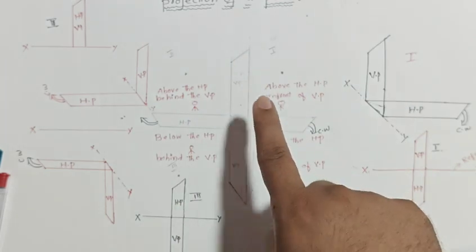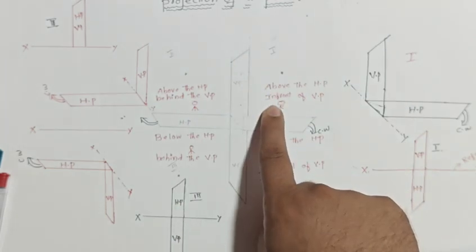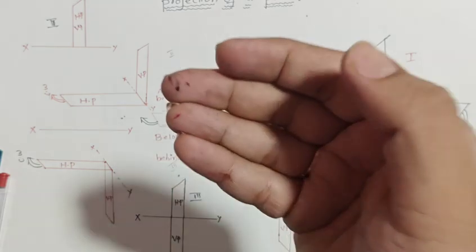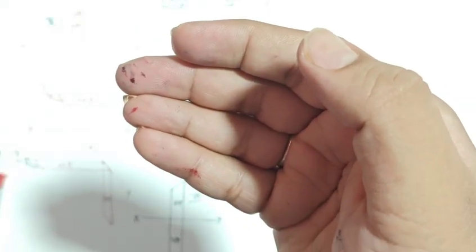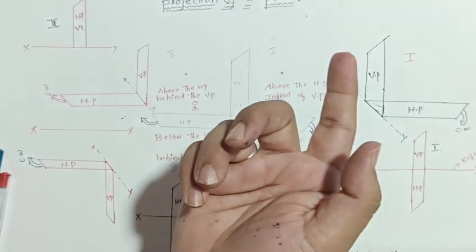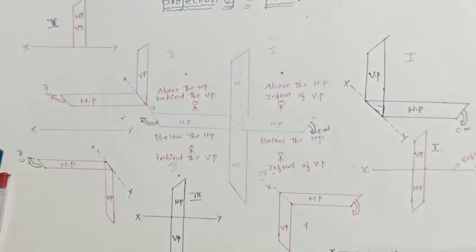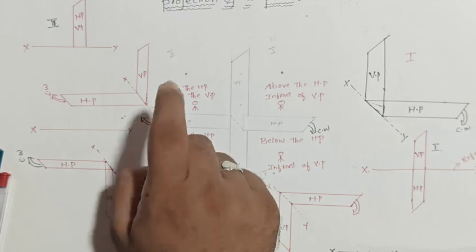Above and in front lies in the first quadrant. Clear? Again, I will change the question. A point is 20 mm above the HP. Above the HP means it lies in the first or second quadrant. And 30 mm behind the VP. So this means that it lies in the second quadrant.